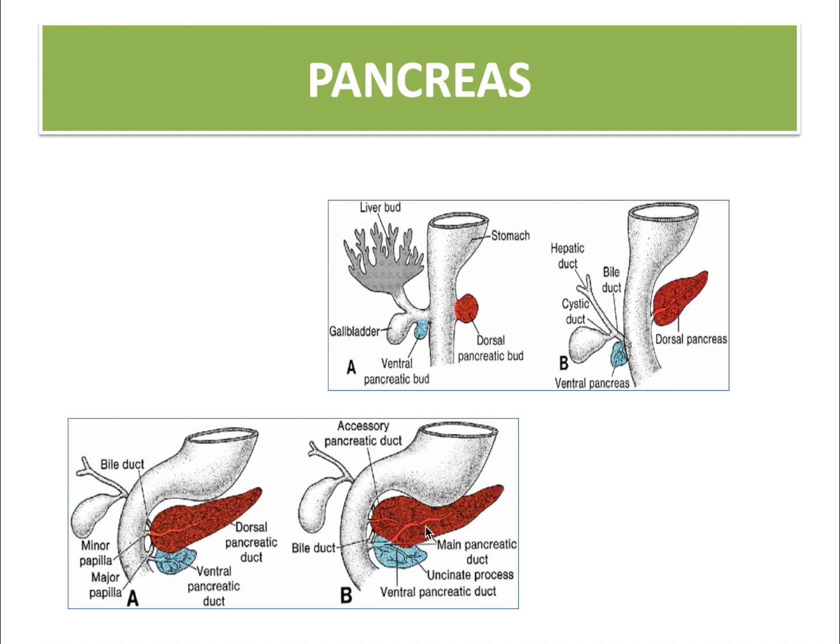The main pancreatic duct is formed by the distal part of the dorsal pancreatic duct and the entire ventral pancreatic duct. The proximal part of the dorsal pancreatic duct either is obliterated or persists as a small channel called the accessory pancreatic duct of Santorini.